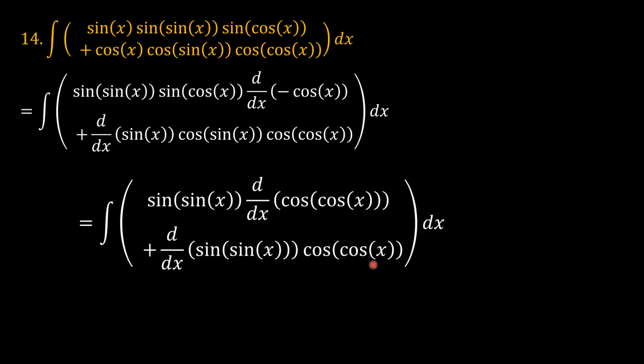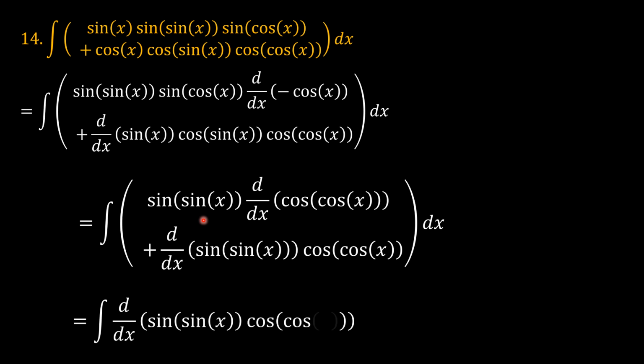Now we begin to see the derivative of a product here, because this cosine of x is what is here, and the derivative of sine of x, the sine of x is still here. When you have a product of two functions u v and you differentiate that, that's the same as one function times the derivative of the other plus the other function times the derivative of the first, and that's what we see here.